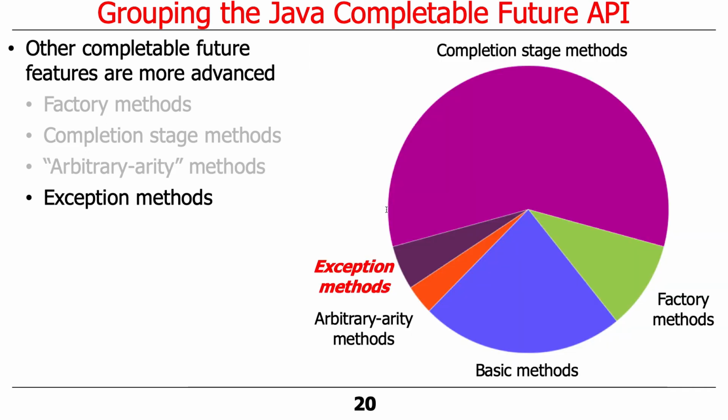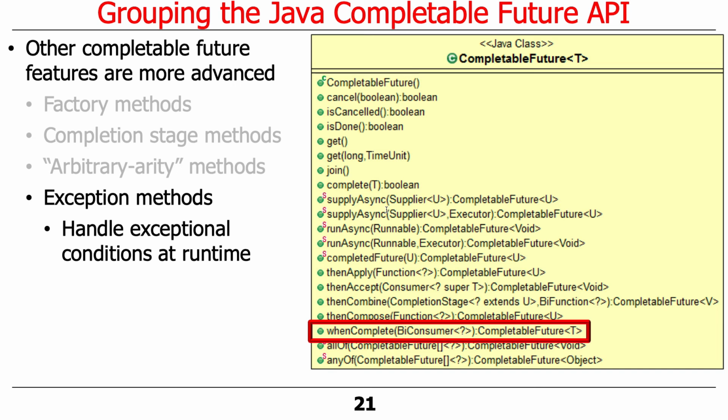And then the 5th and final mechanism grouping for the Completable Future API are the so-called exception methods. And again, there's just a handful of them. There's more than arbitrary-arity methods, but there's not a whole lot more. And as the name suggests, these are designed to handle exceptional conditions at runtime where the exceptional conditions are occurring asynchronously.